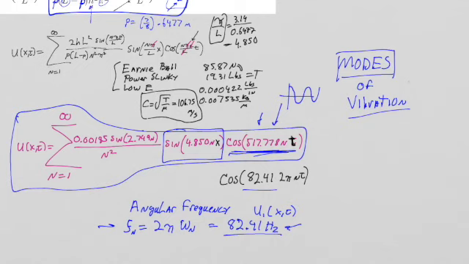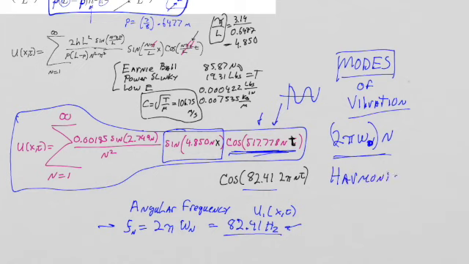And each mode vibrates at a frequency equal to omega n, the angular frequency, times the number n, divided by 2 pi. And this is what gives us the harmonic series, right?